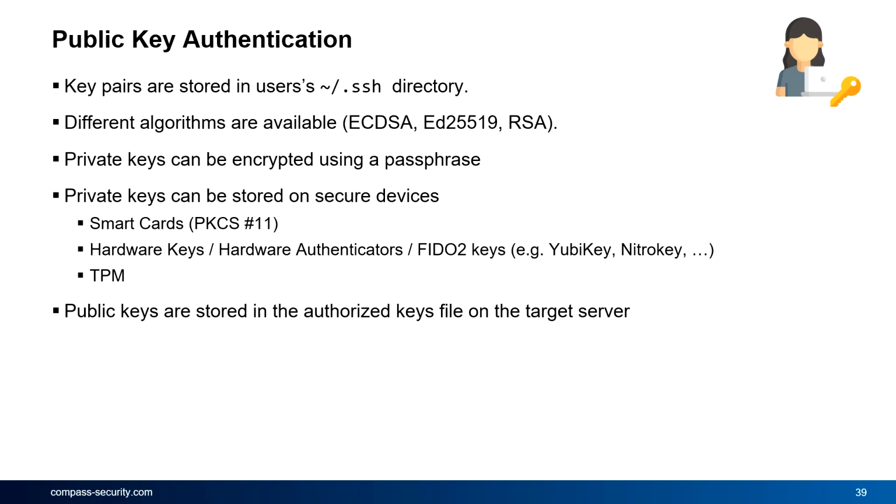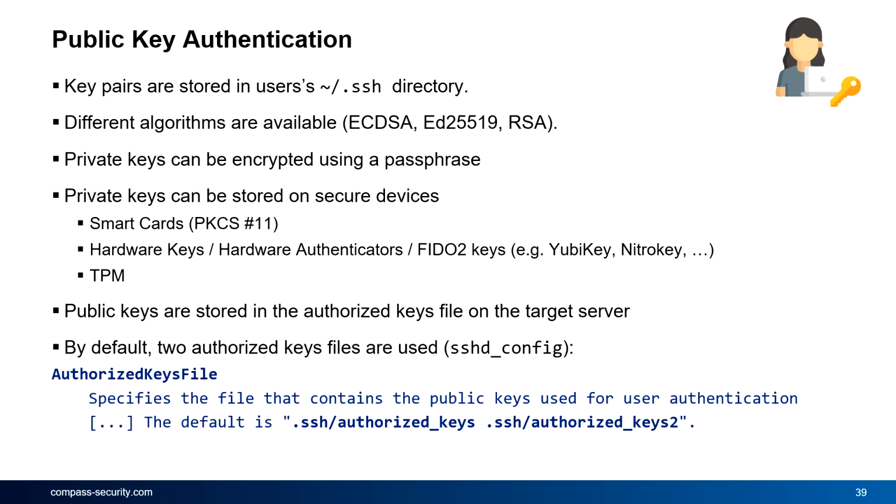The public keys are stored in the authorized keys file on the target server, so the server can check if you are allowed to log in as the specified user or not. An interesting behavior is that by default, two authorized keys files are used and are configured in the sshd_config.